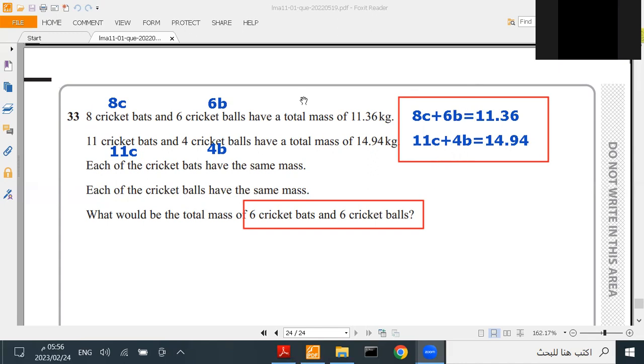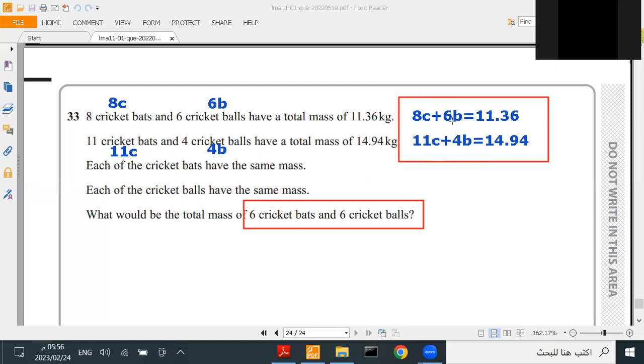Same value, different signs. Now, when I look at these, the C's, for example 11 here and 8 here, are so far from each other and not related. But the 6 and the 4 are almost related to each other. This 6B and this 4B are related to each other. I can make them, for example, 12. How do I make them 12?